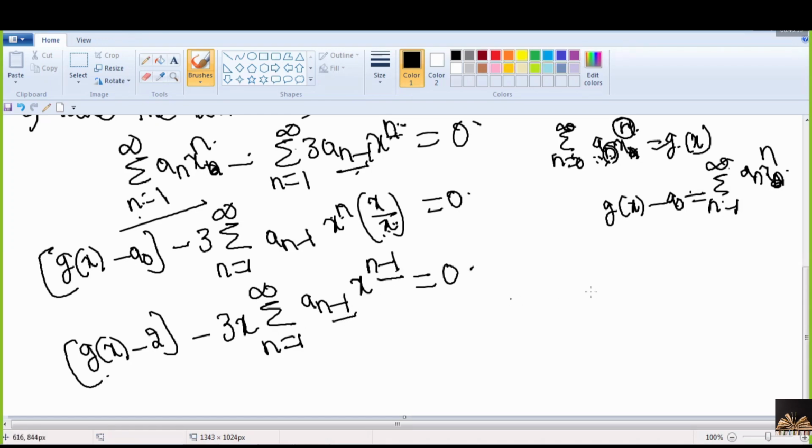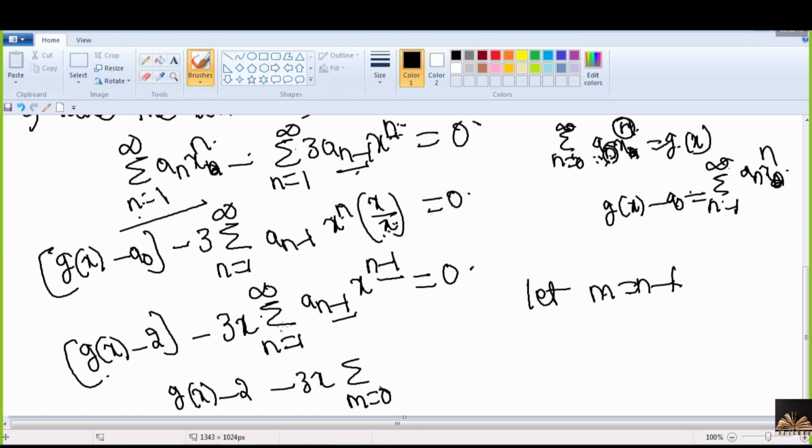Now assume m equal to n minus 1. Therefore, it becomes g of x minus 2 minus 3x into summation of, if m equal to n minus 1, then what is the lowest value? M equal to 0. The lowest value will become m equal to 0 to infinity, Am into x to the power m is equal to 0.